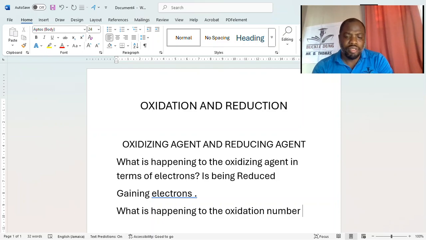And of course, likewise, we go back to the reasoning. We know that the oxidizing agent is being reduced. And so, if it is being reduced, then you have a decrease.